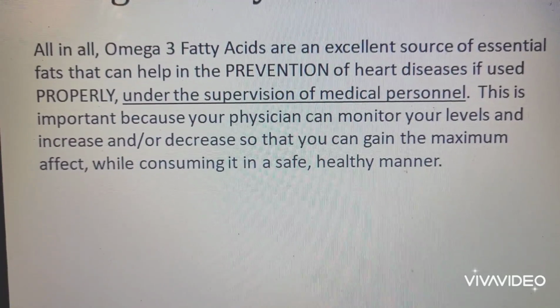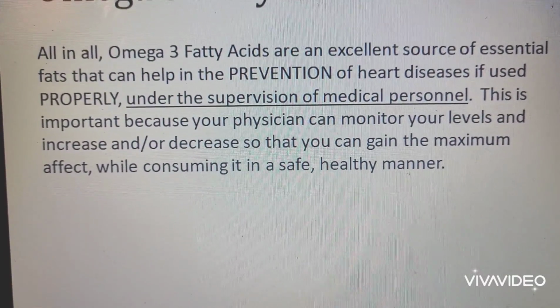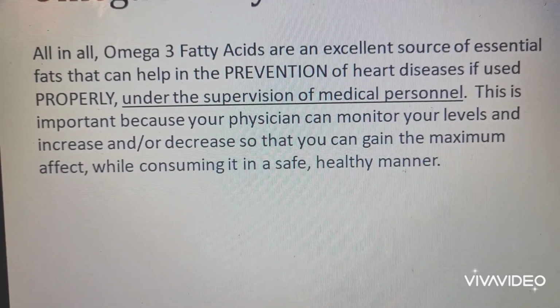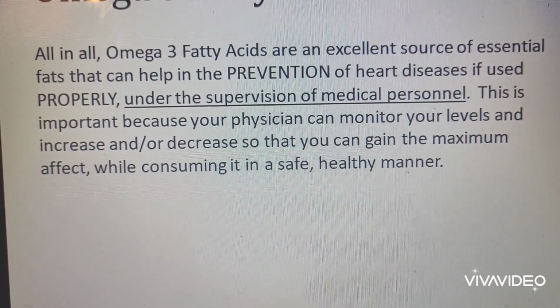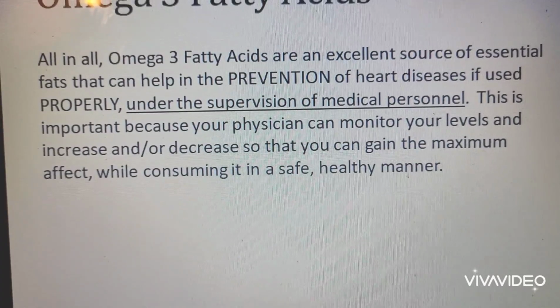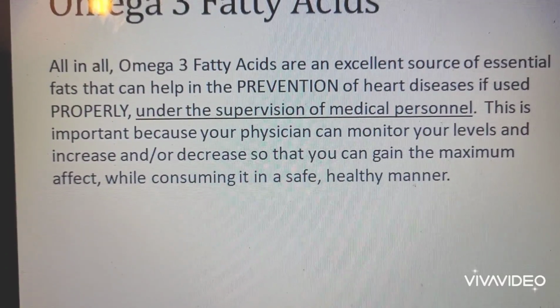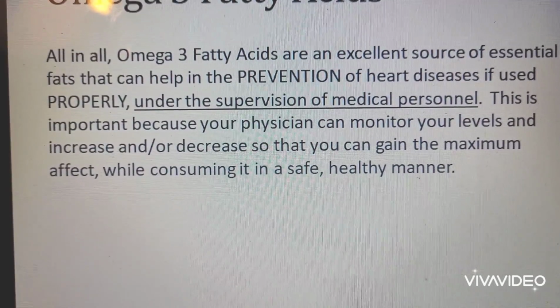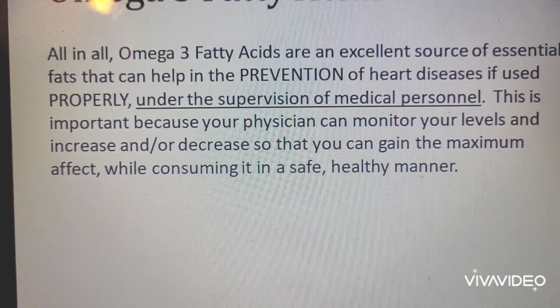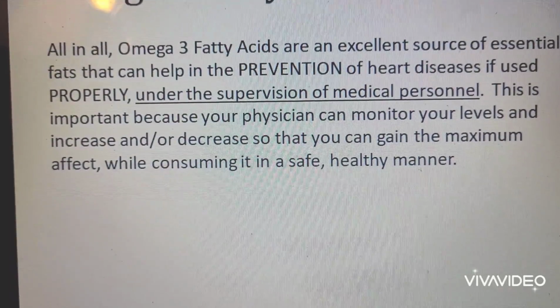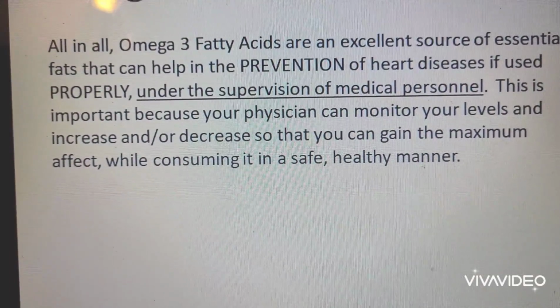All in all, omega-3 fatty acids are an excellent source of essential fats that can help in the prevention of heart diseases if used properly. And I underlined, under the supervision of medical personnel.